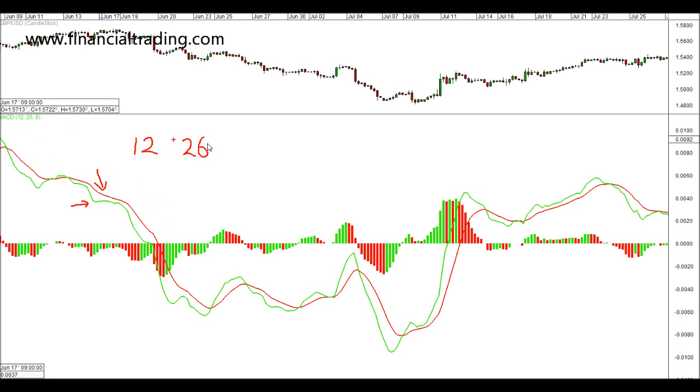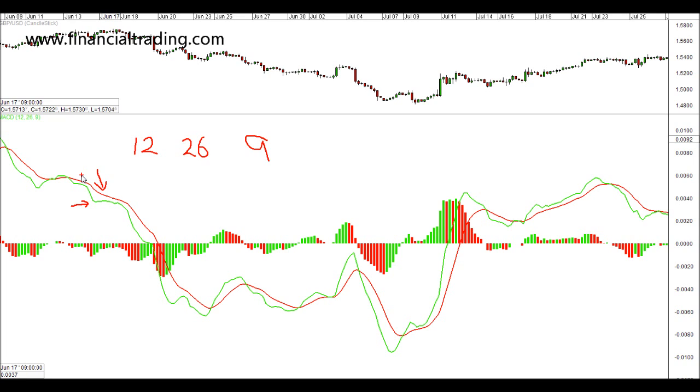And then the last setting, which is at 9, represents the previous 9 bars and the difference between the two moving averages. A common misconception with the MACD is that these moving averages are standard moving averages calculated on closing price.